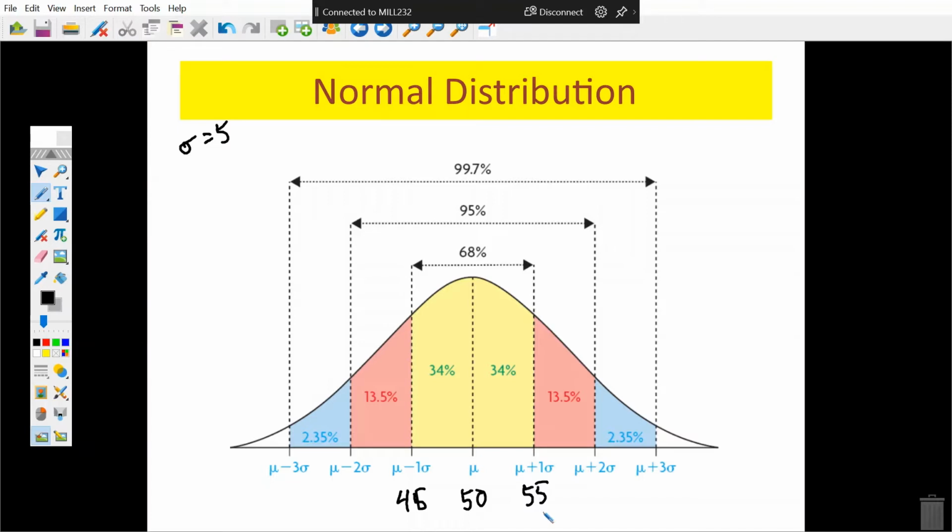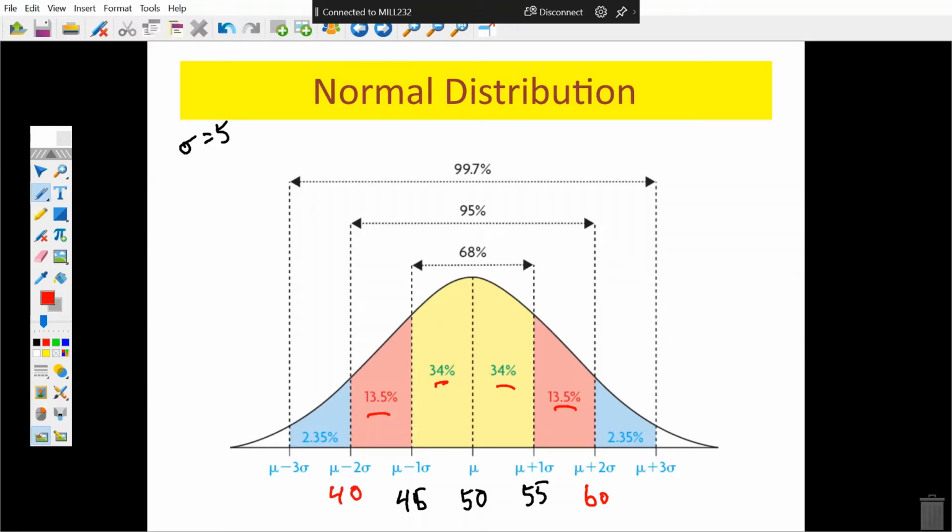Now it says 95% of the data falls within 2 standard deviations of the mean. To get from 68% to 95%, these ones are each 34, and now we've got 13.5 there. So 50 plus 2 standard deviations would be 60, and this one would be 40.